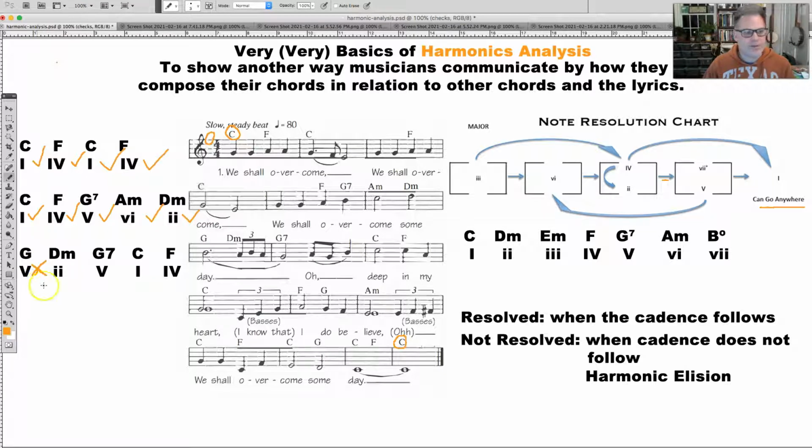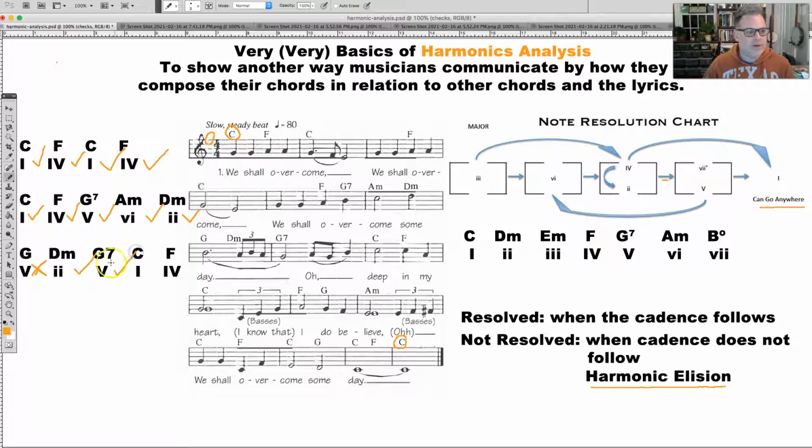That's really interesting. We have our first instance of a harmonic elision. The cadence does not follow the note resolution chart. All right, let's continue on to see if we see any others. Does 2 go to 5? 2 does go back to 5. And we know 5 goes to 1.